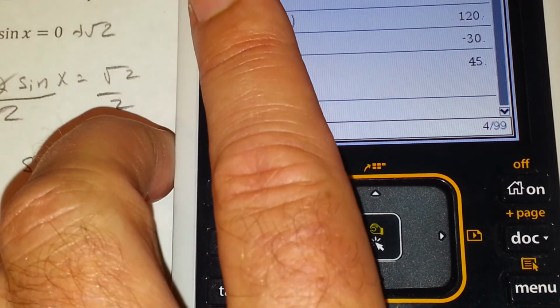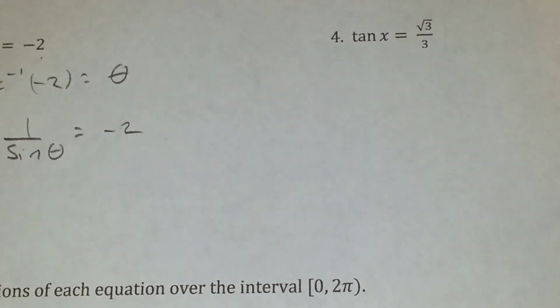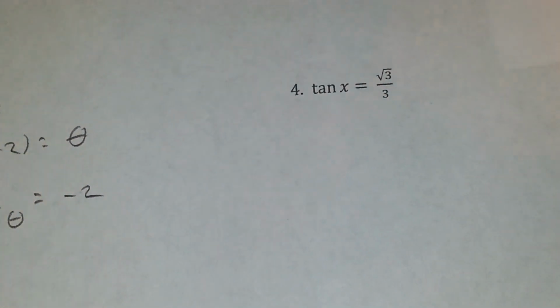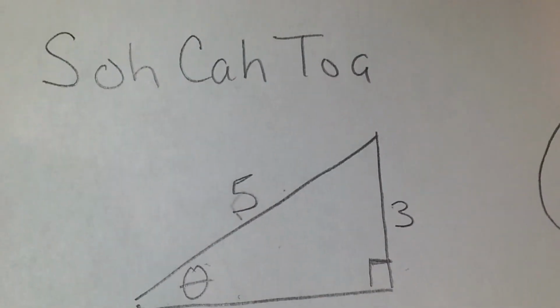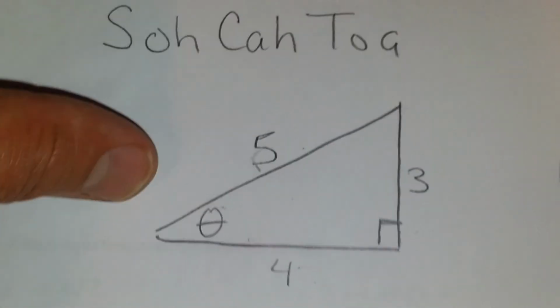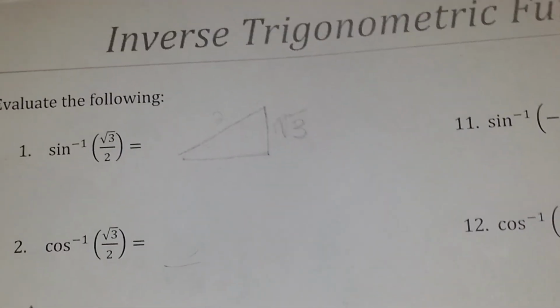So basically I'm just showing you a little bit of our trig, knowing how to get review. We reviewed our SOHCAHTOA, which is for right triangles only. We're basically reviewing how to get theta.